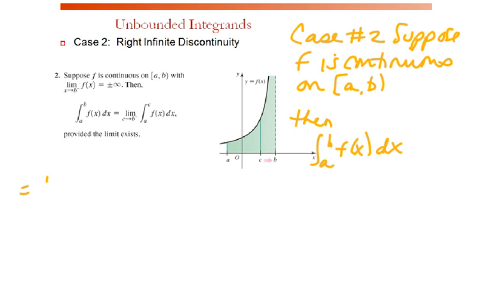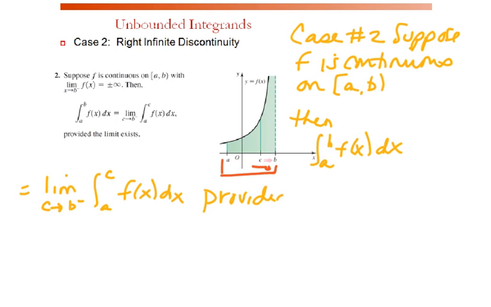So this is going to be the limit, and here's our interval of integration, and we're approaching b now from the left-hand side. We're moving left to right. So this is a left-sided limit that we're looking at. So c is going to approach b from the left-hand side, and we're going to replace the point of discontinuity with c. And provided the limit exists, if it does, then this converges. So this is our second case.